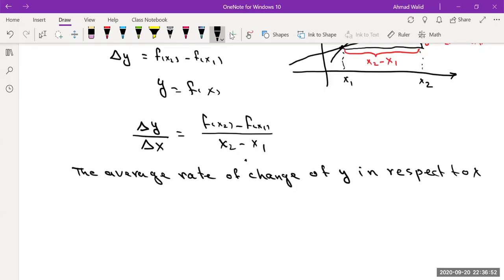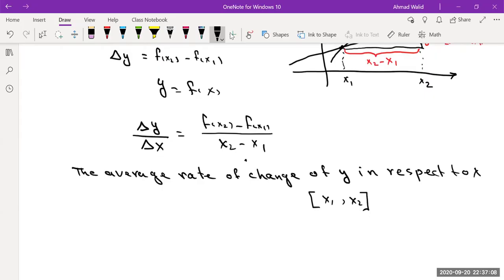In which interval? Definitely an interval, in a closed interval of x1 and x2. Also, we named this one the slope of the secant line, correct?